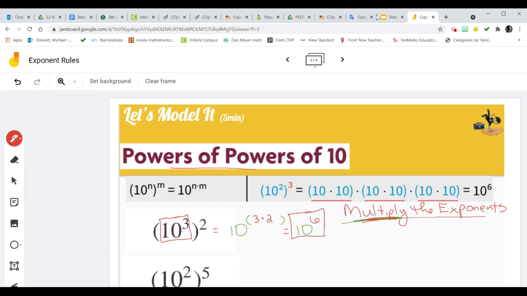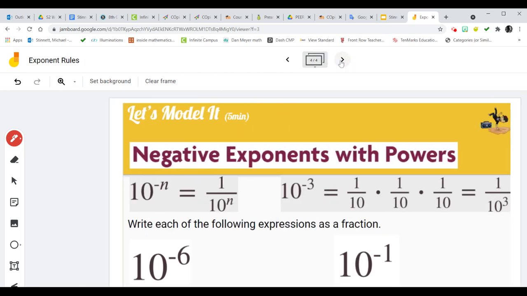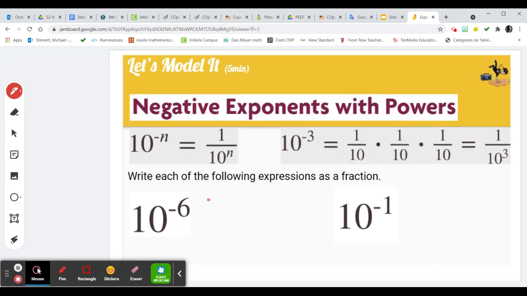And then in our last one, really fast here, we're going to look at negative exponents. These are a little different because you don't do adding or subtracting of exponents. What you're doing here, as you see in the example, is if I have 10 to a negative power, I say 1 over 10 to the positive power.